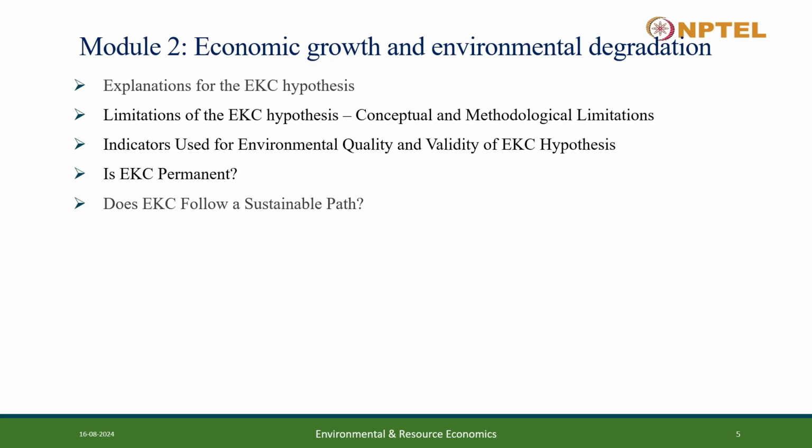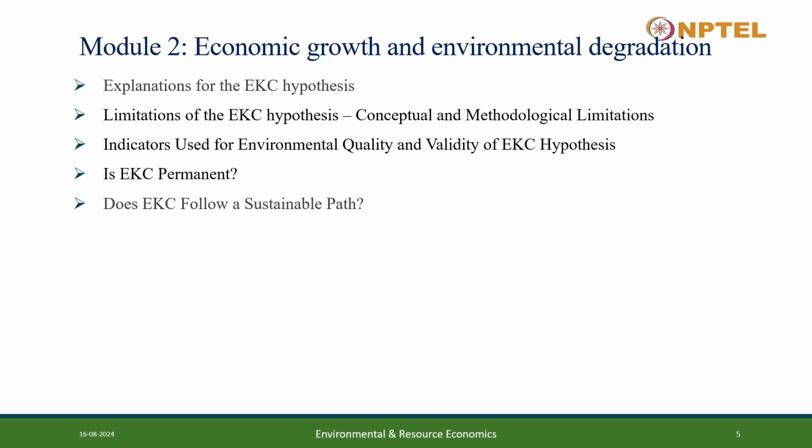For those cases, after a certain point, marginal reduction of emission is not possible. So the EKC curve will follow an N-type function, where after a certain limit the emission will start increasing with increase in per capita income. So that is the answer: EKC is not permanent.